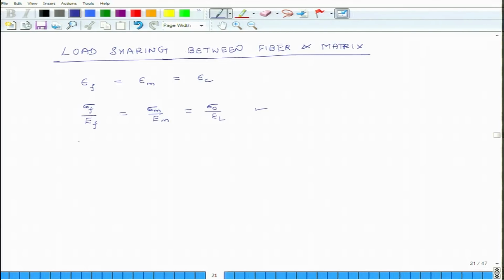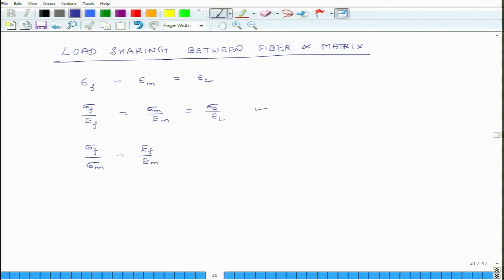So, from this you can write sigma f over sigma m equals EF over EM. So, the stress which is being handled by matrix and the stress which is being handled by fiber is in the ratio of the Young's modulus.